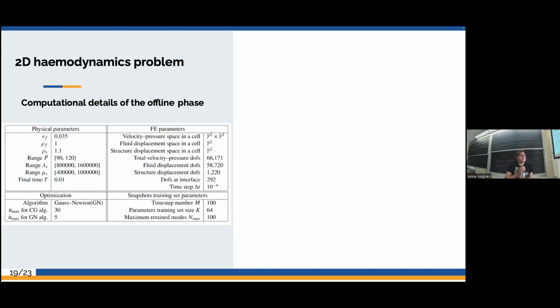So in total, we have 6,400 snapshots, and we retain 100 POD modes in the POD compression.